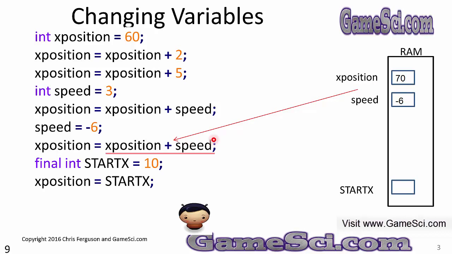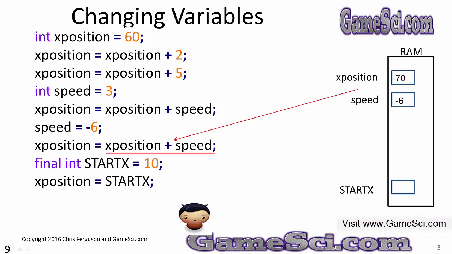I'll pull the -6 out of speed, and those will be my left and right operand. 70 plus -6 is 64. I plan to change the X position variable, and when the X position variable goes down or is subtracted, I'm going to expect this character to move left instead of right.